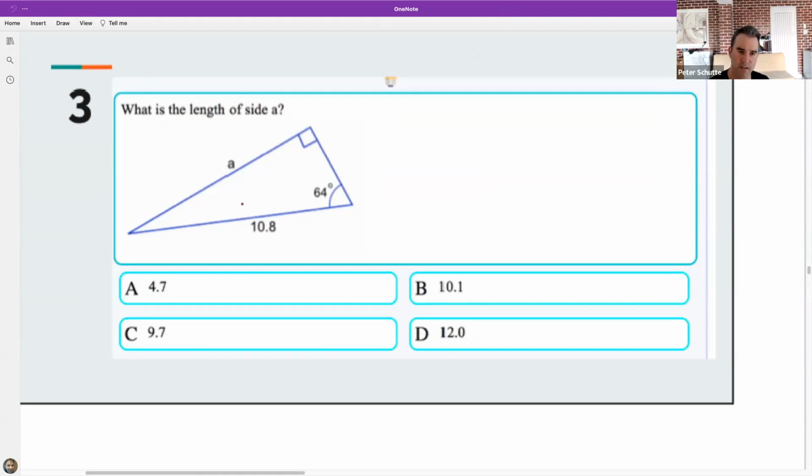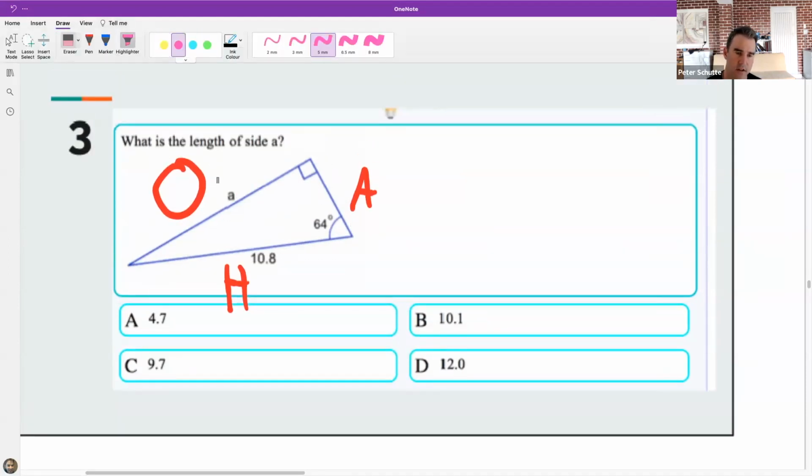So I'm going to follow the advice from before. I label this O, this H, and this A. So I want to find what A is, so I need to involve this side, and I also need to involve this side, I think.